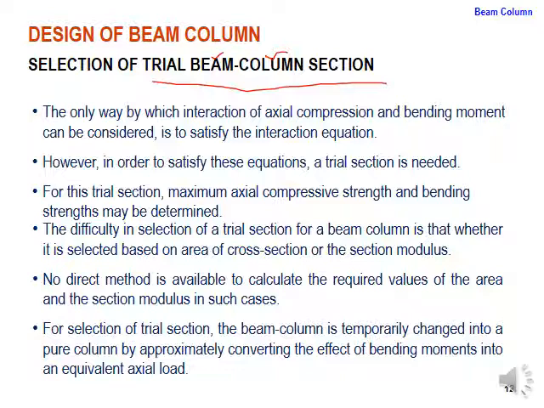The only way by which the interaction of axial compression and bending moment can be considered is to satisfy the interaction equation. That is very important, you have to note it down. Whether you select your trial section for the beam column based on beam or column, finally you have to satisfy the interaction equation, which gives you the superimposed effect of the axial stresses and the bending stresses.